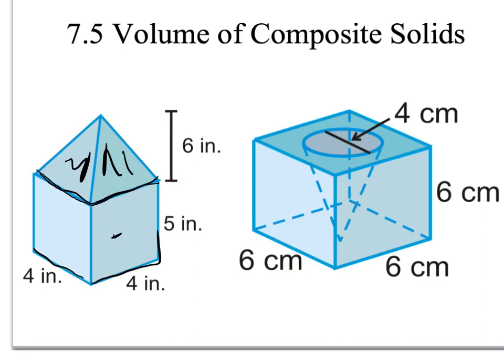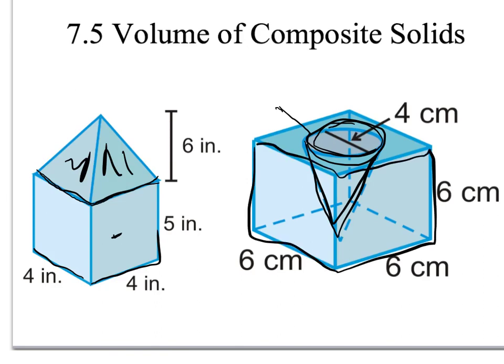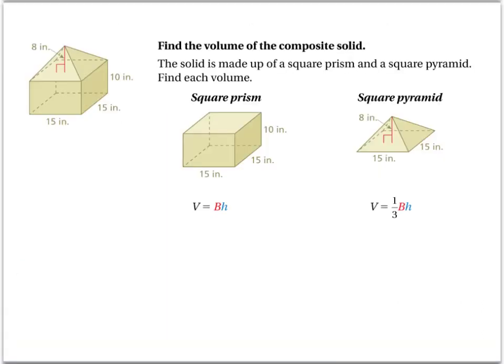This is an interesting one where we take away some things. Here you have a cone cut out of a rectangular prism, basically a cube. We're going to have to find the volume of this and subtract it out of this whole thing. So 7.5 volume of composite solids is what we're looking at here.